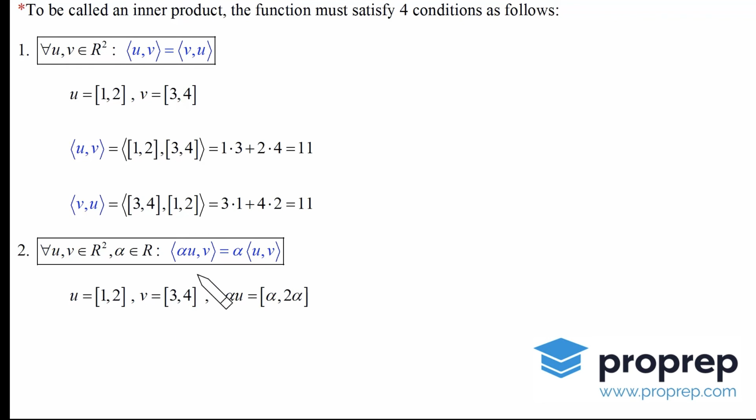If I evaluate alpha times u, it's alpha times 1, 2, which is alpha, 2 alpha. Okay, now let's see if these are equal. First, the left-hand side. Alpha u inner product with v is alpha u from here, v from here, and that's equal to this times this, which is 3 alpha, and this with this gives us 8 alpha, altogether 11 alpha.